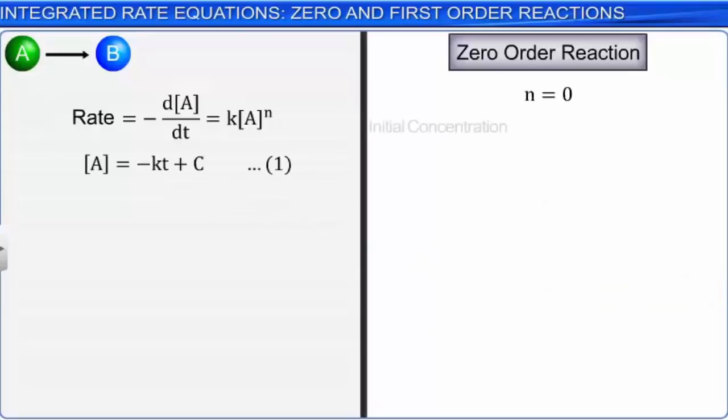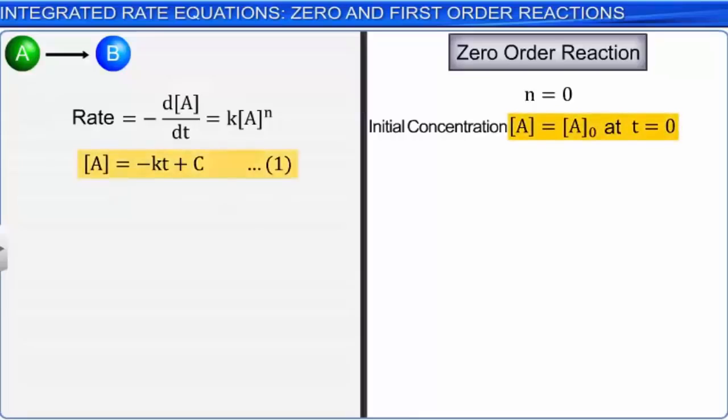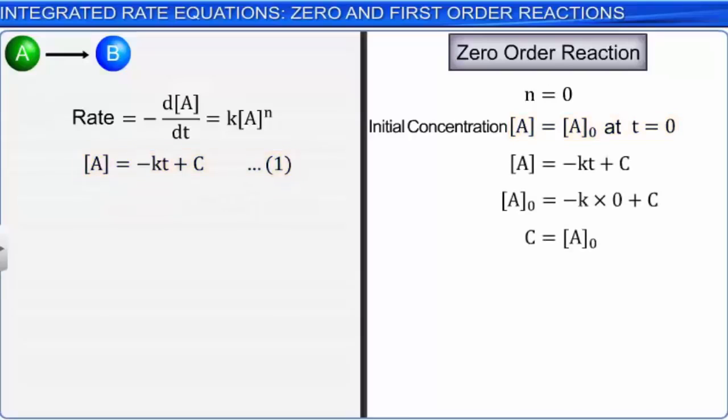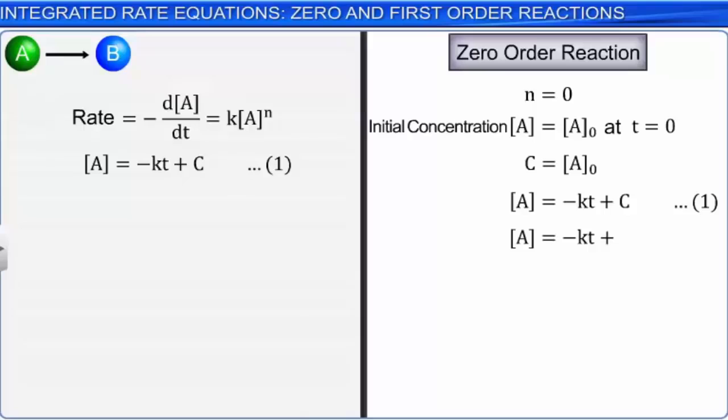Let the initial concentration of reactant A be A0 at time t is equal to 0. Substituting the value of A0 at time t is equal to 0 in equation 1, we get C is equal to A0. Substituting this value of C in equation 1, we get concentration of A is equal to minus K into t plus concentration of A0.